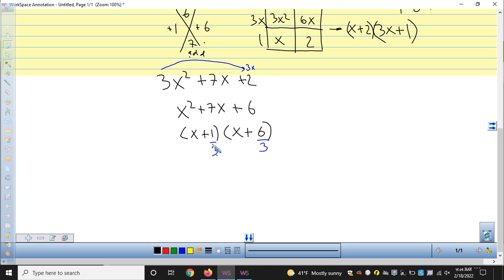And if I can't reduce this fraction, this is where the slide comes in. The 3 slides over here in front of the x. So this becomes 3x plus 1, and this becomes x plus 2. And we get the same thing that we got before.